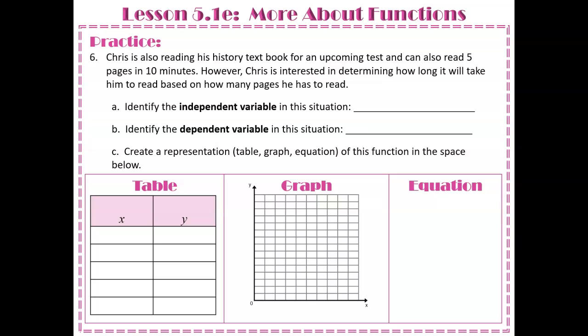That means he wants to make the independent variable the number of pages. And then the dependent variable is the time. So he wants to know if he has a certain amount of pages to read, how long is it going to take him? So this makes your equation flipped upside down, and that's your equation.